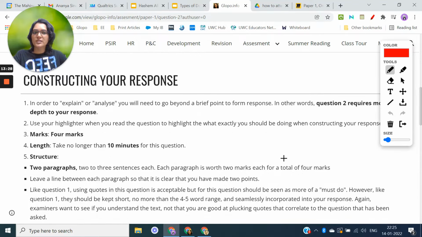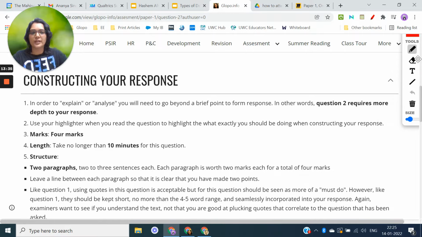Now remember, this is asking you to go a bit more in depth of your response. Clear? 4 marks. 4 marks would be there. Again, can you score the full marks over here? Yes, you can again score 4 on 4 if it is written properly, if you are aligned to your question, if you are aligned to your answer also.